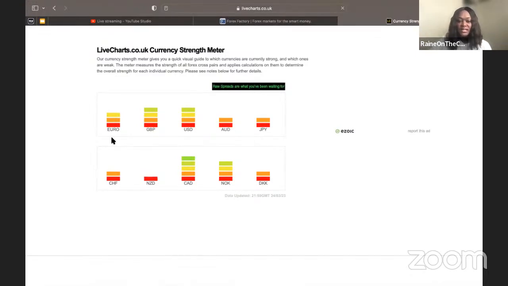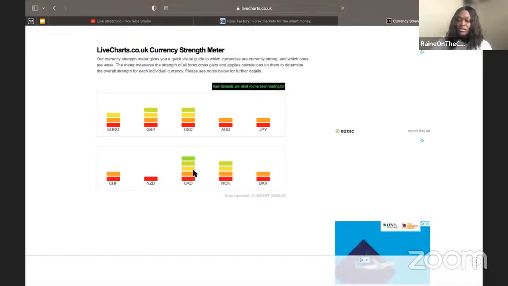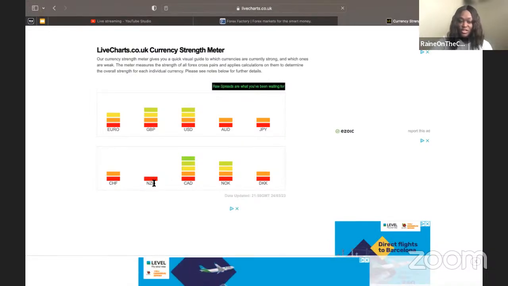To determine that, I just need to know how to count. The more bars, the stronger the currency is. Right now we see the Canadian dollar being the strongest. It has 1, 2, 3, 4, 5 bars. The New Zealand dollar has 1 bar. That's the weakest right now.